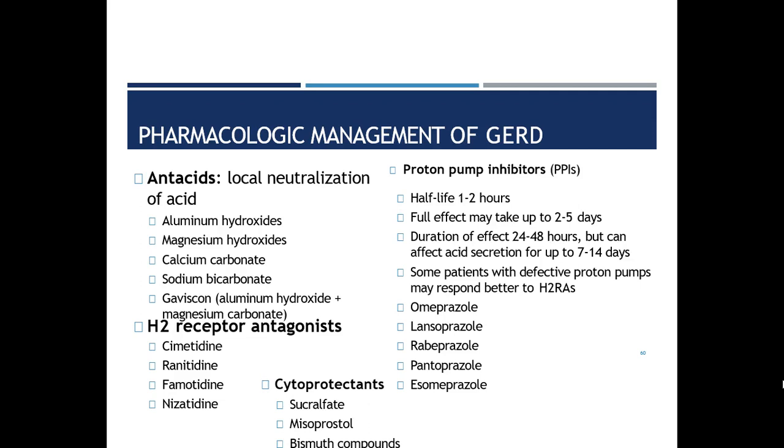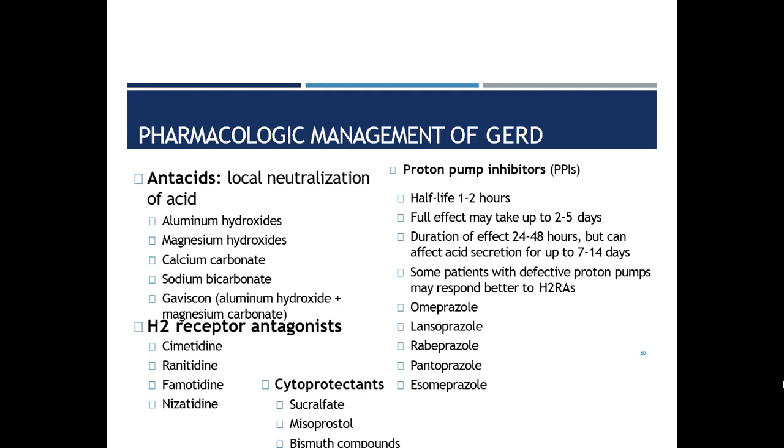And then pharmacological management of GERD is very, very important. In every case, you don't need surgery. You have to treat with antacids, that is local neutralization of the acid by giving aluminum hydroxide, magnesium hydroxide, calcium carbonate. These are alkaline materials, such as Gaviscon, which can simply counteract the acid production.